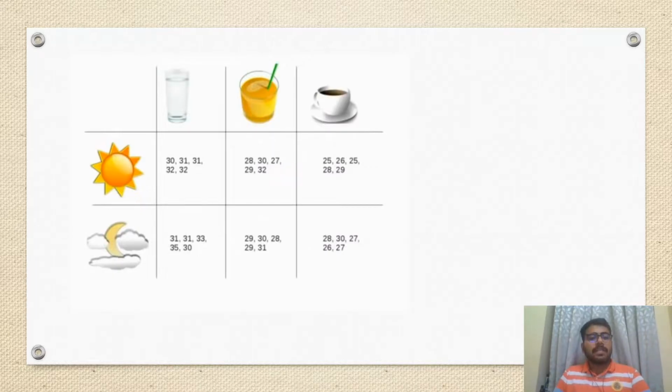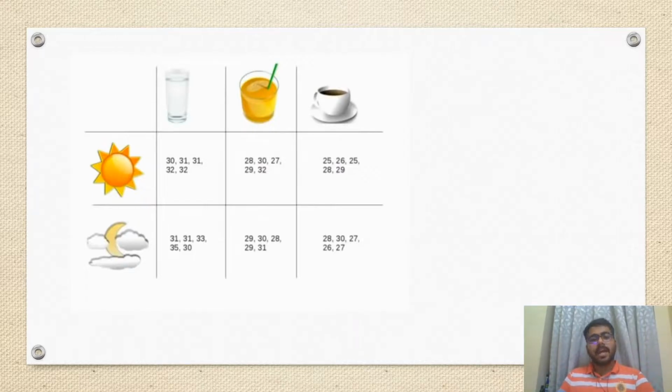As we can see, in this analysis we have taken more than two groups: water, mango juice, and coffee, which are three different drinks. We can also take additional factors that affect these groups, such as the reaction values during the day and during the night for these drinks.